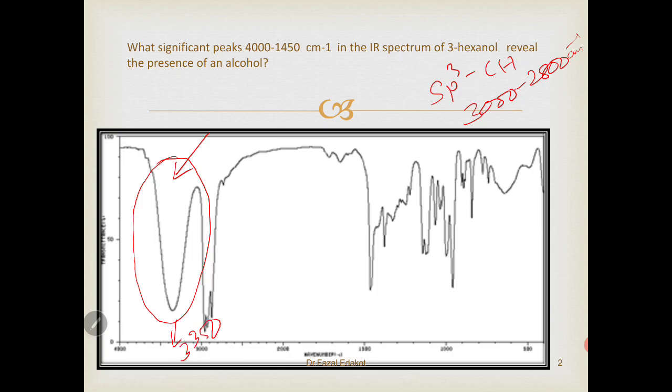This is the characteristic peak of alcohol, and this characteristic peak represents the OH functional group, and it appears somewhere between 3650 to 3200. And when it is phenol, you need to understand it comes somewhere 50 to 100 lower. Okay, so this is the striking point for alcohol.